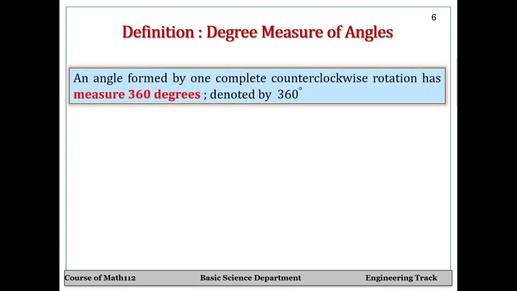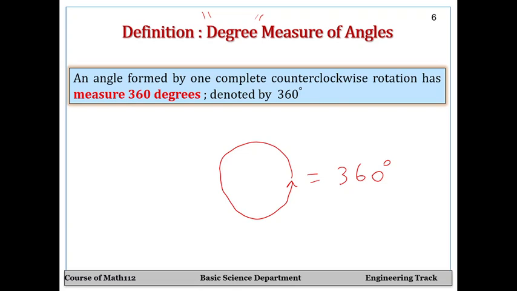Now, how can we measure an angle? There are different measures of angles, but here we will learn the degree measure of angle. So one complete turn is equal to 360 degrees.